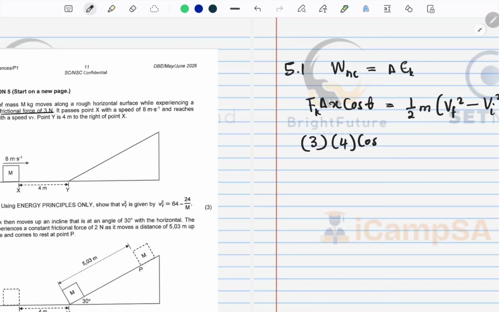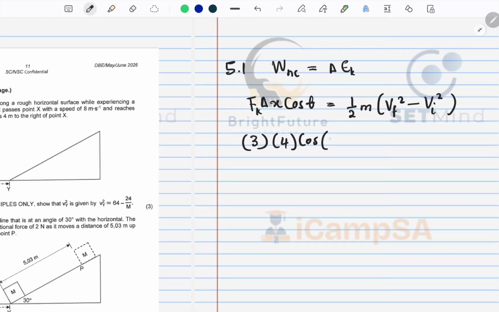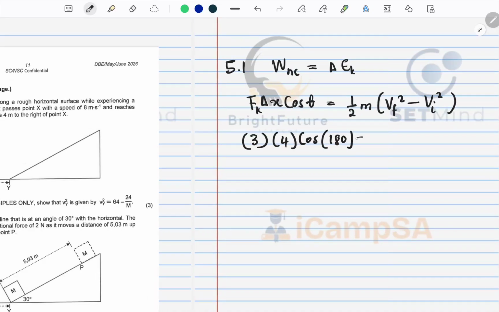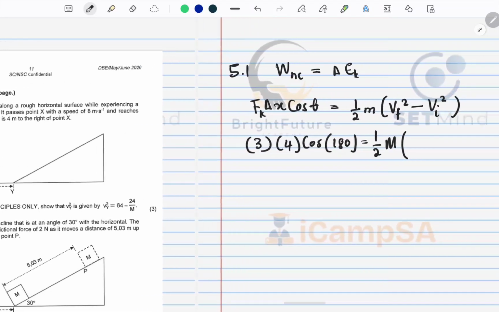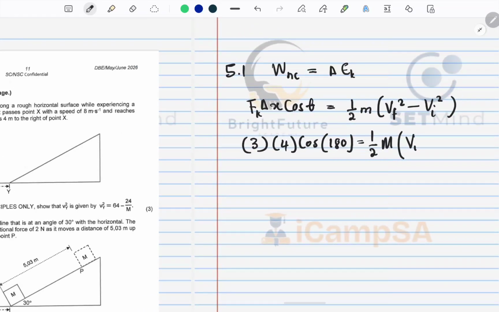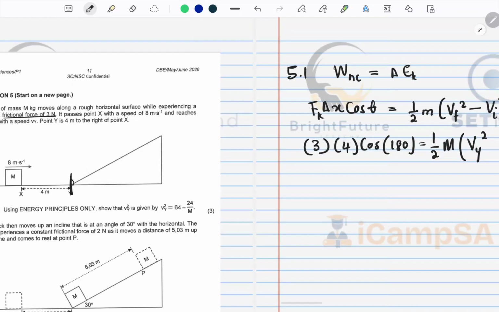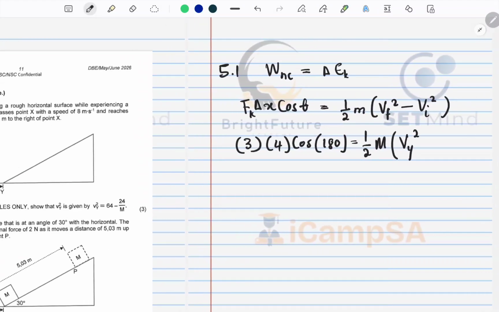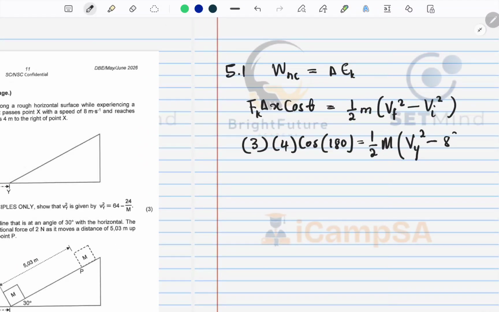Then cos theta is going to be 180 because we are dealing with frictional force, which is doing negative work. Then equals 1 over 2 m. What is the final velocity here? Final velocity is Vy squared, which is what we are looking for. And then your V initial is 8, so minus 8 squared, like so.